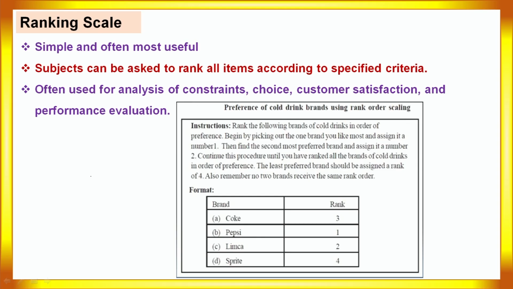Subjects are asked to rank different drink brands using rank order scaling, and the instructions for ranking are given. As I told, the most preferred brand gets a rank of 1, like here it is Pepsi. That is one thing you have to keep in mind.